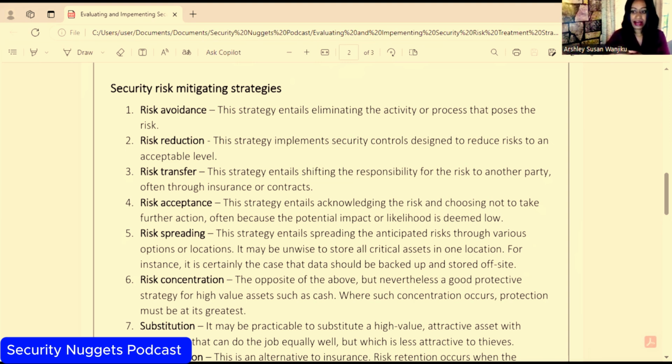Sometimes we want to outsource services that have to do with security technology services. So again, we provide the contract of service to a service provider.